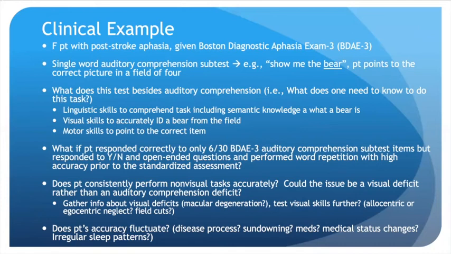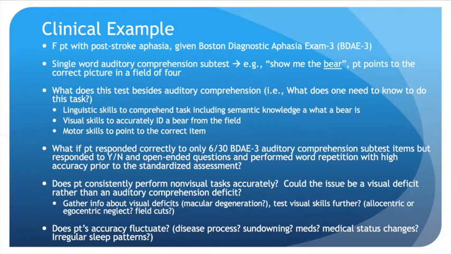So what does this test besides auditory comprehension? That is, what does one need to know to do this task? Does it require the linguistic skills to comprehend the task using semantic knowledge of what a bear is? Certainly. Does this require the visual skills to accurately identify a bear from the field? Of course. Does this require motor skills to point to the correct item? Yes, all of the above.